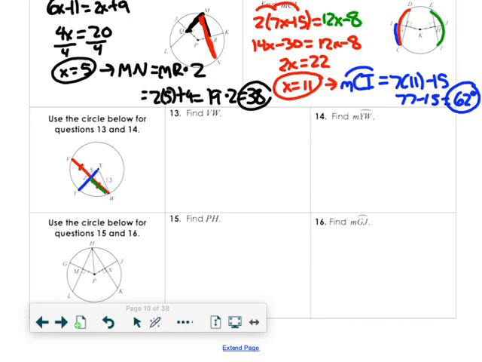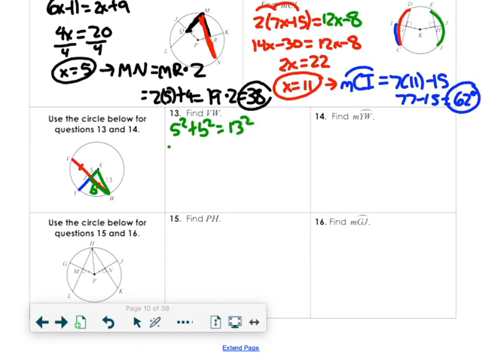So if I can figure out what this piece is, then I can double it. What I have right there is a right triangle, where 13 is the hypotenuse. So if I want to find VW, the first thing I want to find is ZW. I'm going to call this B. I have 5 squared plus B squared equals 13 squared. So Pythagorean theorem.